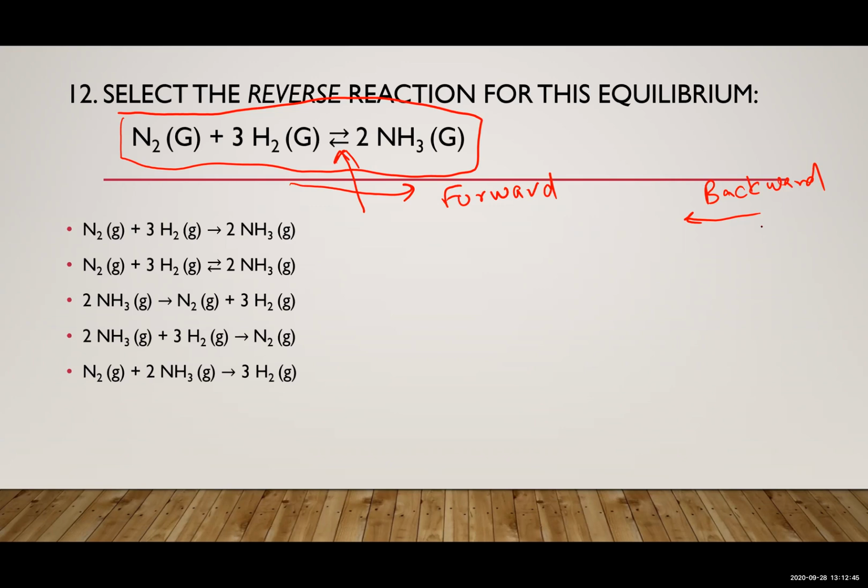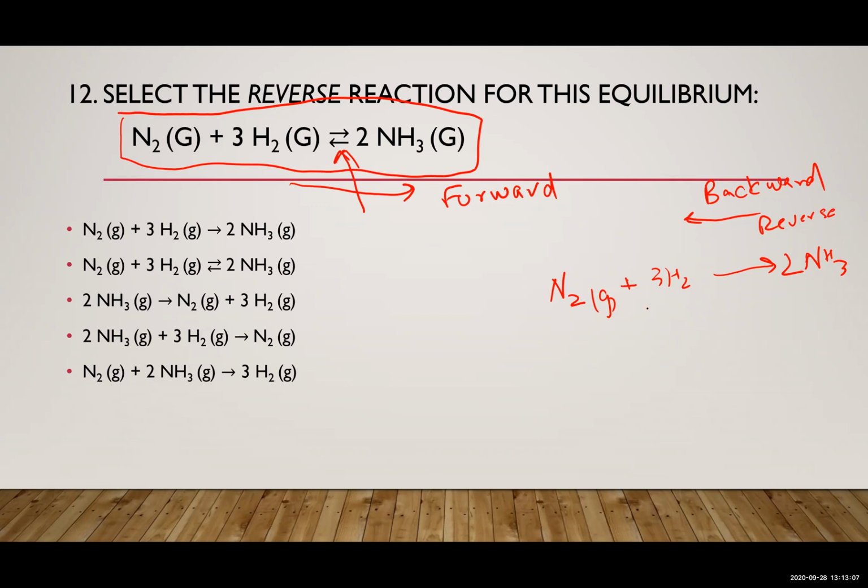So nothing else changes, just the direction of the reaction changes. If my forward reaction is N2 plus 3H2 gives ammonia, what will be my reverse direction?